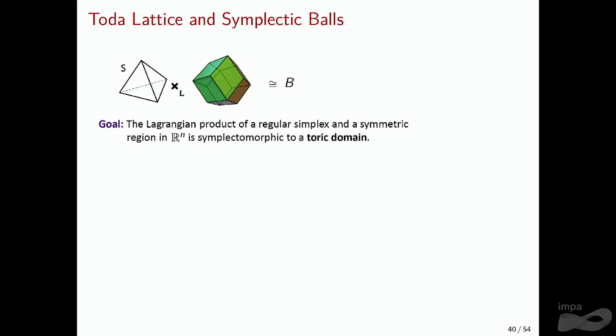Then this configuration is symplectomorphic to a nice toric domain. So this is the way that we use integrability. If we know that this system is integrable, then we can use the Arnold-Liouville theorem to find global action angle coordinates and to have a nice description of this particular configuration.